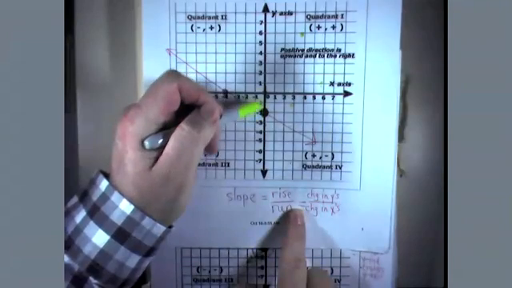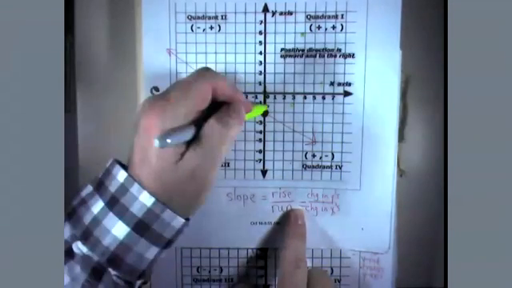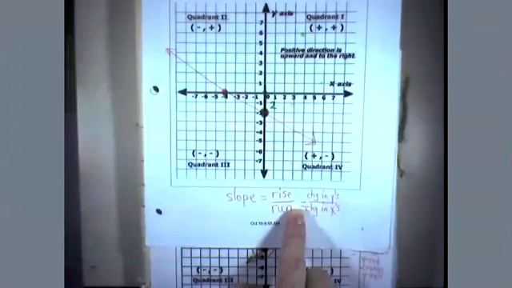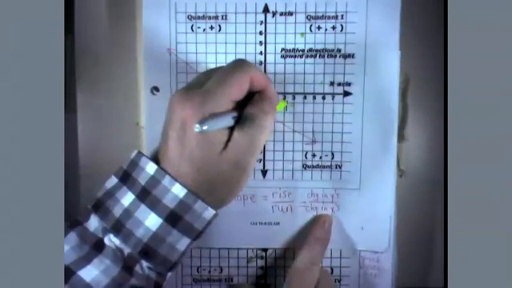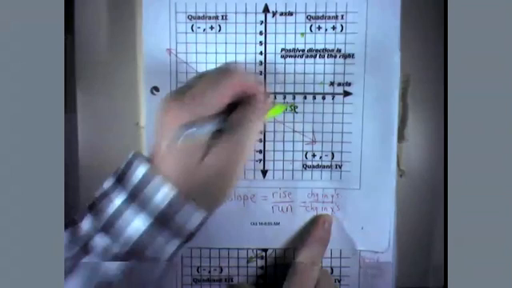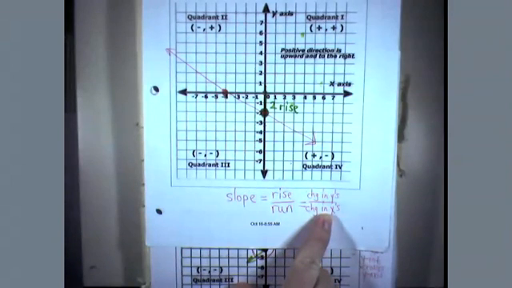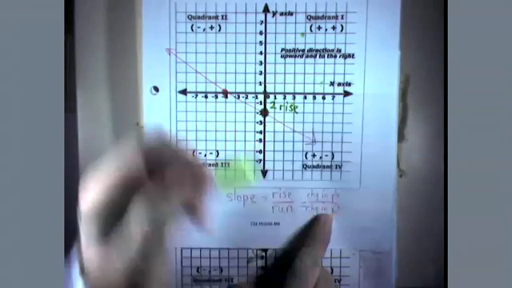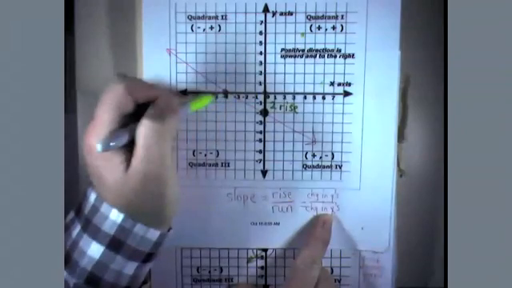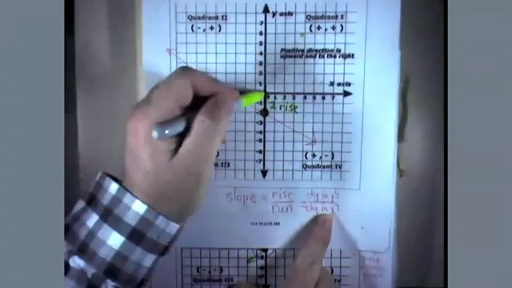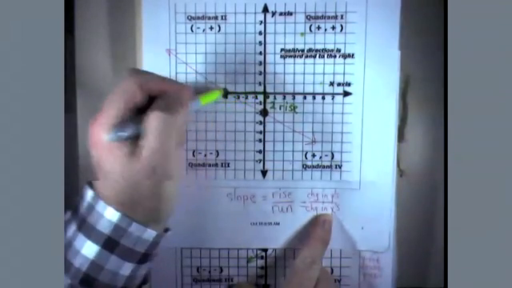And I go up 2 spots. If I go up, then that's my rise, or my change in y's. Now, in order to get to this other ordered pair, we have to run left.